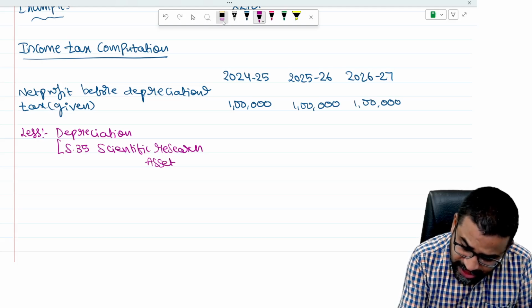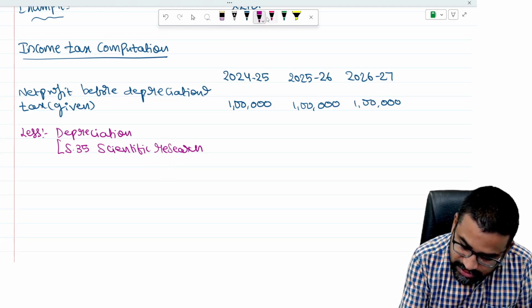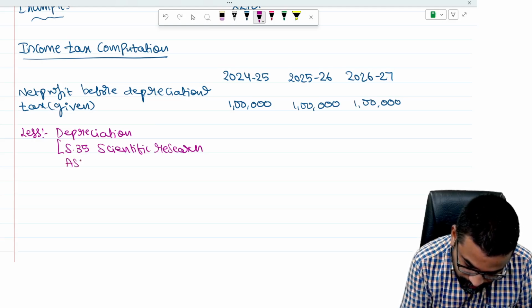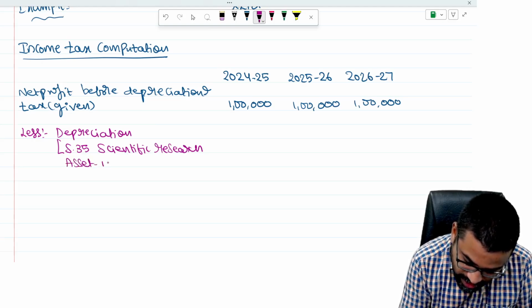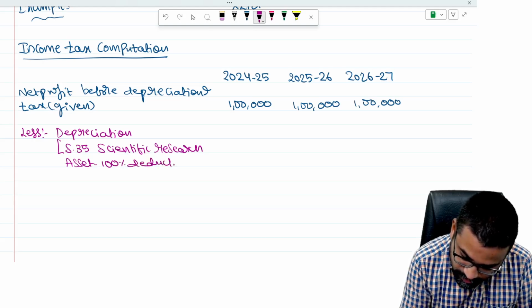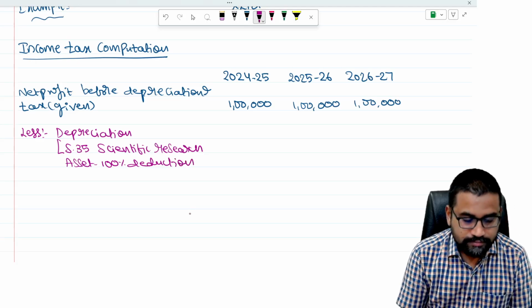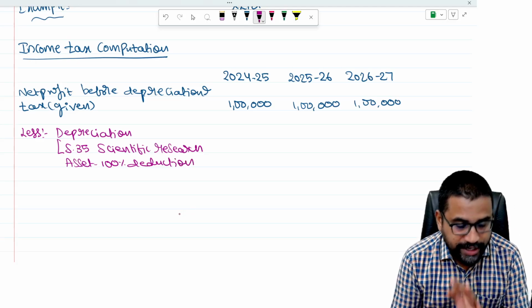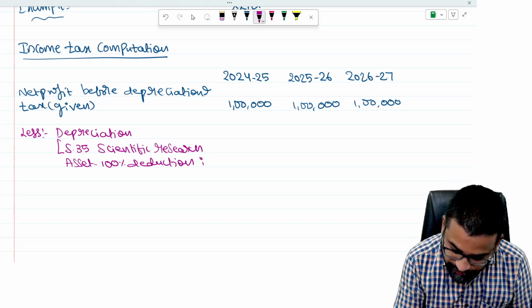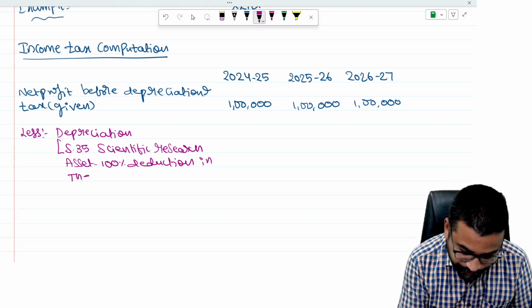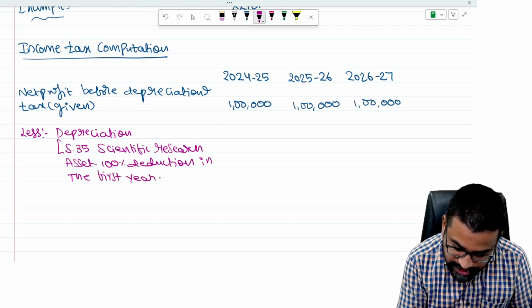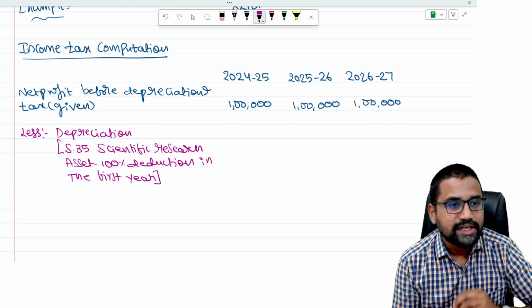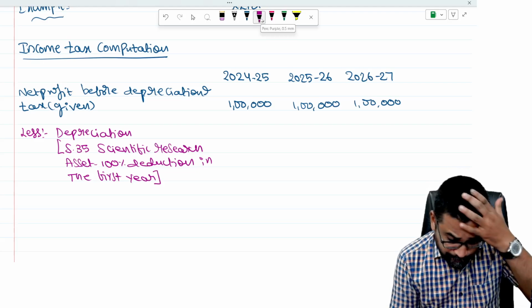When it is a scientific research asset, what happens? 100% deduction will be given, 100% deduction in the first year itself. That means the total cost of the asset will be given as depreciation.